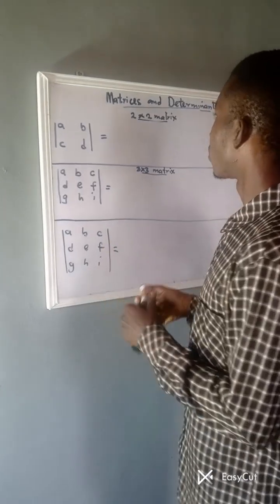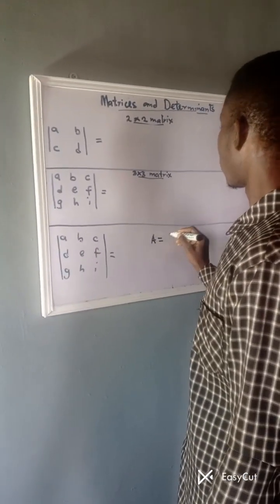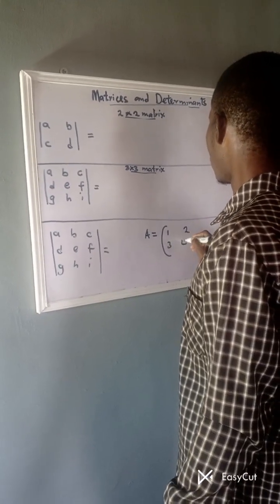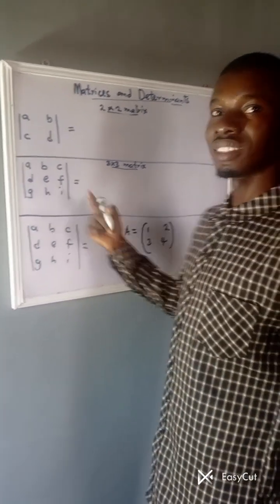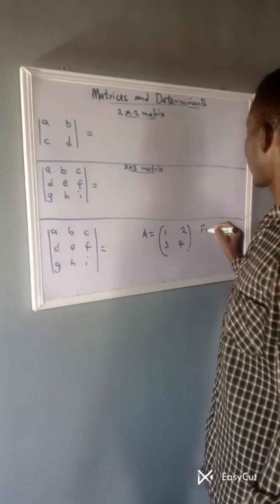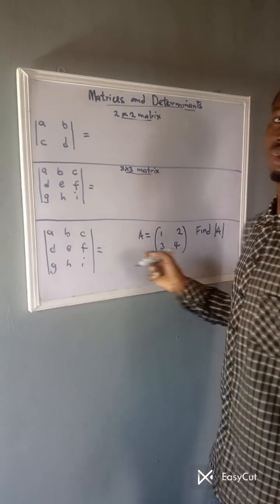For example, we have a matrix A equal to 1, 2, 3, 4. They can say find the determinant of A, or they can simply say find A and enclose it in 2 strokes.